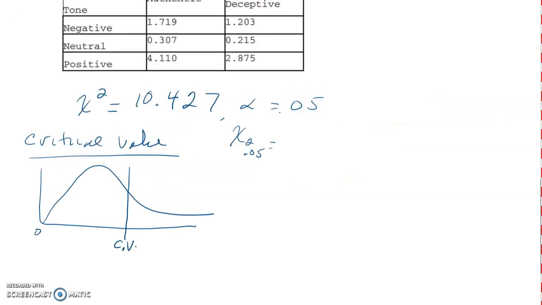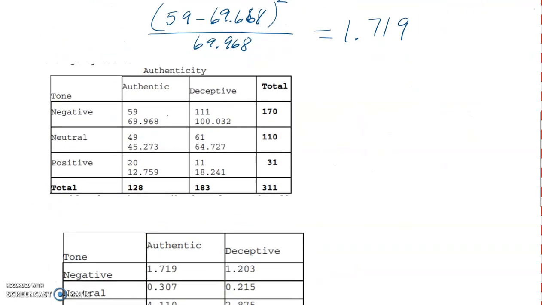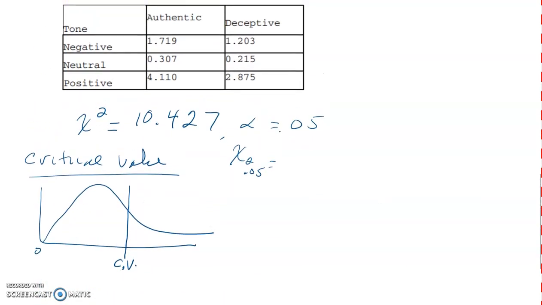Going back to the problem, we have 3 rows and 2 columns, a 3 by 2 contingency table. So the degrees of freedom is 3 minus 1 times 2 minus 1, which is 2 times 1. We should have 2 degrees of freedom.